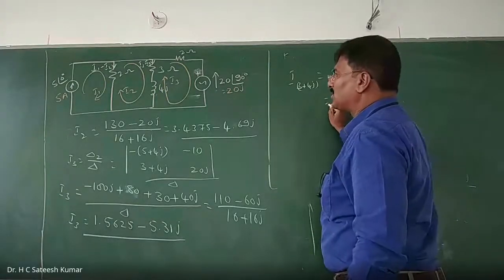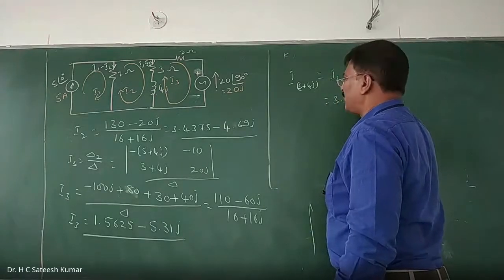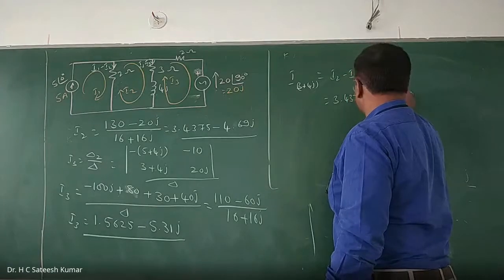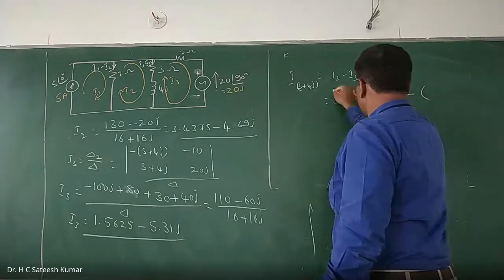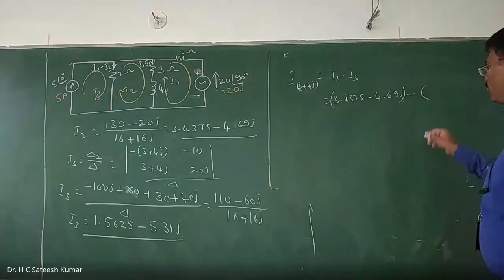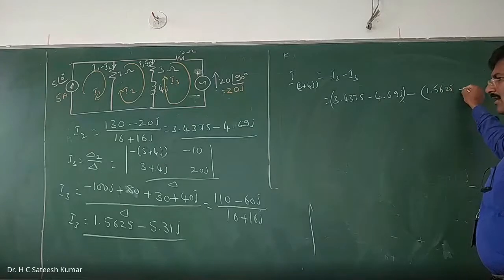I2 is 3.4375 minus 4.69j, minus 1.5625 minus 5.31j. Subtract these two.